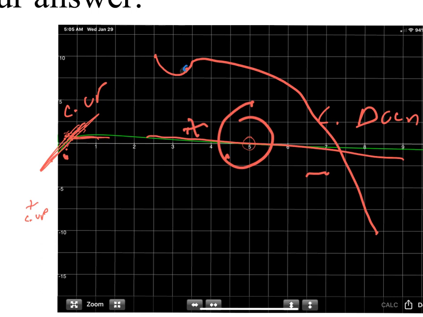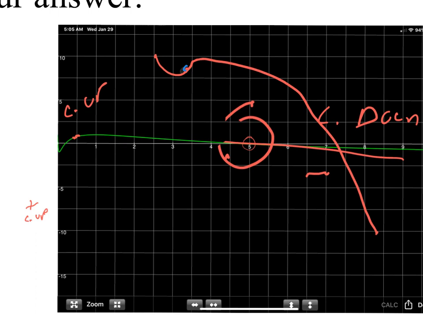Your job, and they would say to James Bond, your job, if you are to take this mission, is to find it. Find that spot where the derivative, in other words, where is there a maximum of this function?